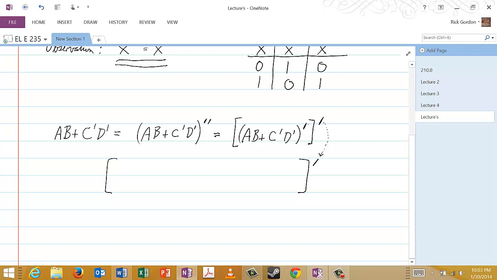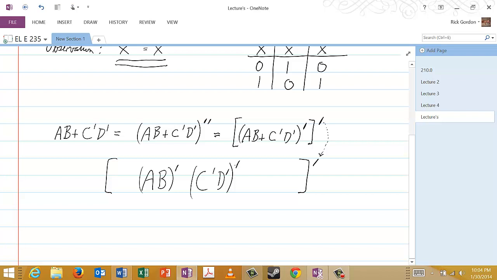So this is the complement of, and what we have in here in the interior is a sum. So the complement of a sum is equal to the product of the individual complements. So we have AB complement and then C prime D prime complement.